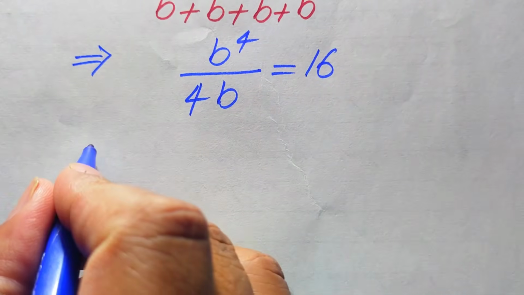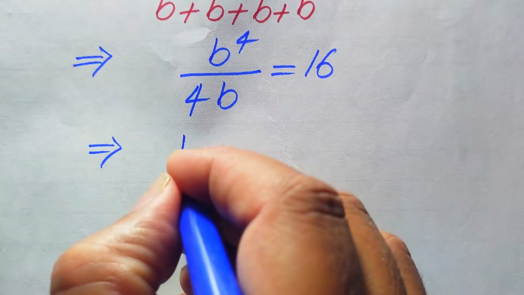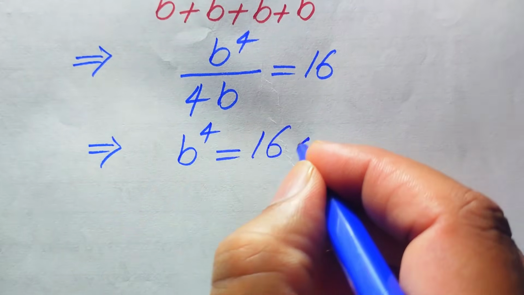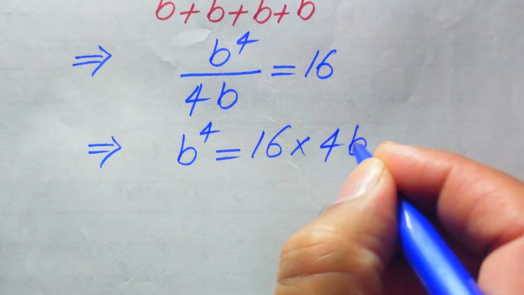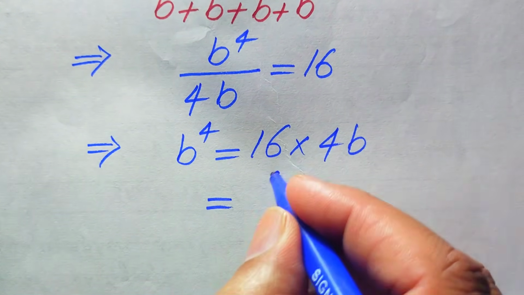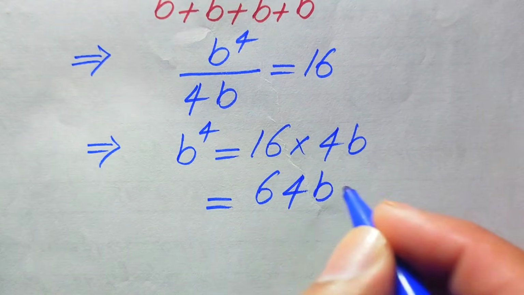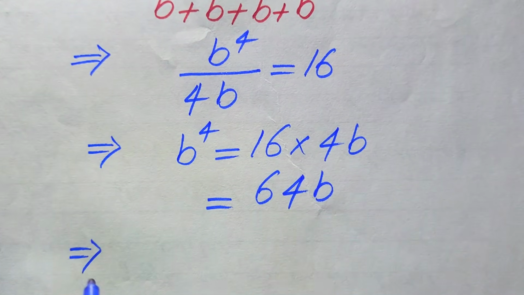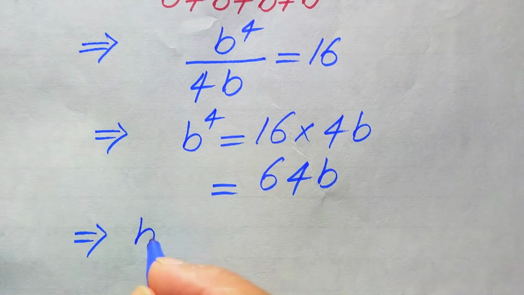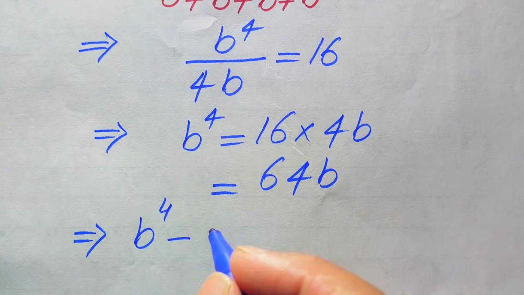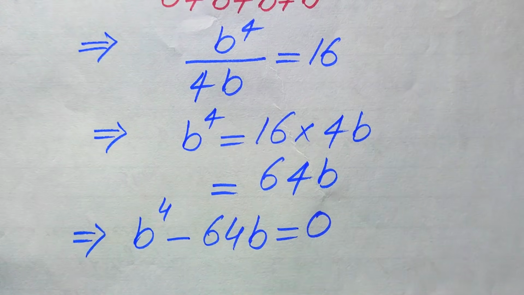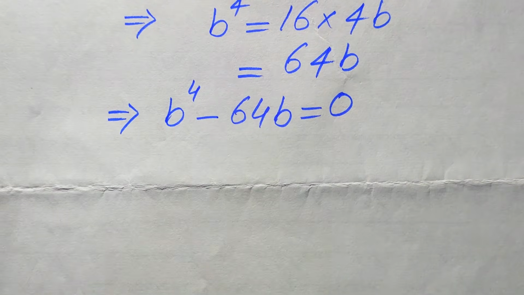In the next step, we move the term 4b from the left hand side to the right hand side, and we obtain b to the power of 4 equals 16 multiplied by 4b. So 16 times 4 becomes 64b, and we move the term 64b to the left hand side, and we get b to the power of 4 minus 64b equals 0.